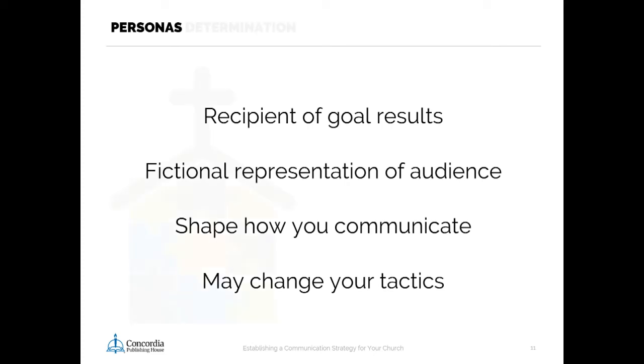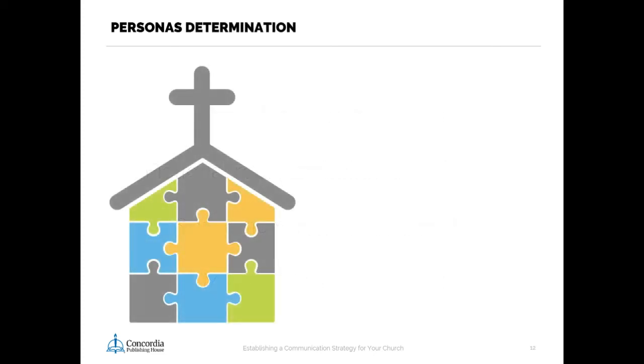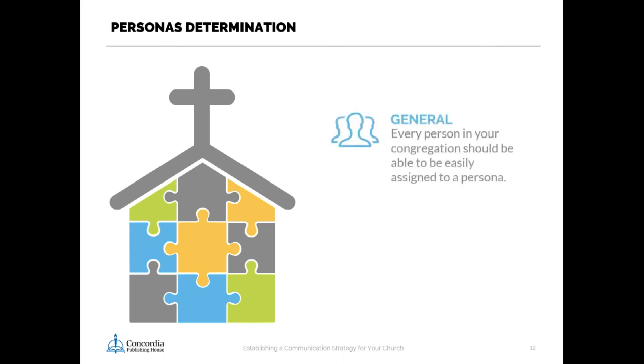So, persona determination. In general, every person in your congregation should be able to easily fit into or be assigned to a persona. So it should be all-encompassing, so that you can divide it up. And you do want to keep it manageable. You don't want to have 20 personas, because we're going to start segmenting the message by persona.